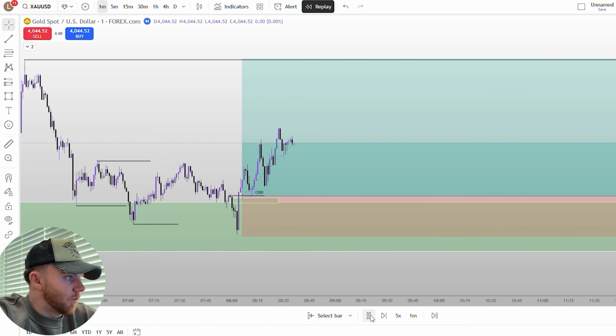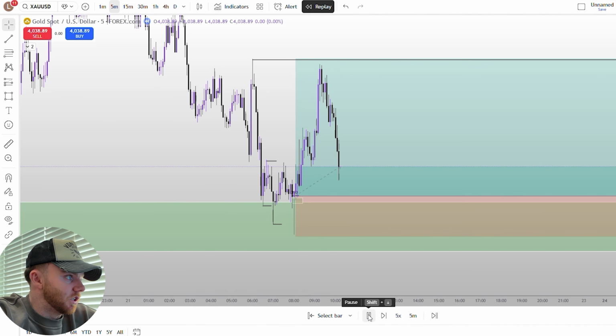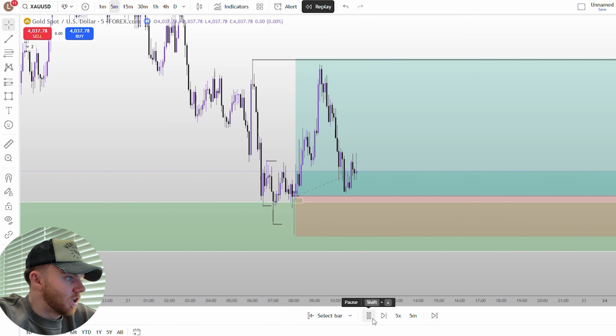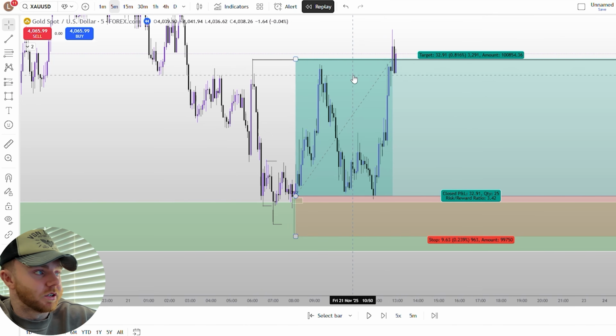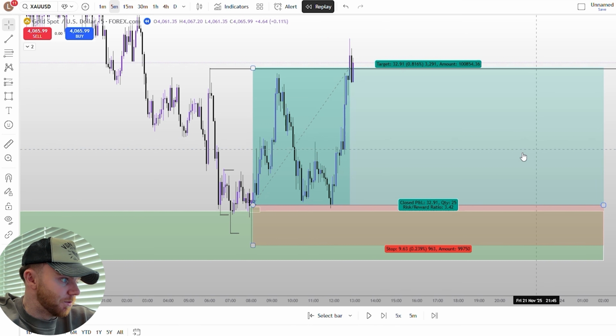It comes back down and we come back up, and if I move to the higher time frame on the 5 minute, you can see that price finally ends up displacing back to our buy side liquidity above, hitting TP for 3.4 RR.